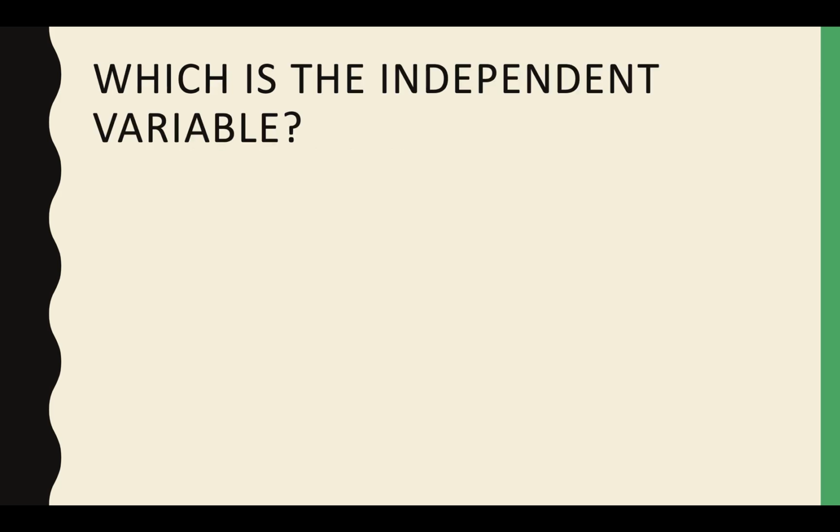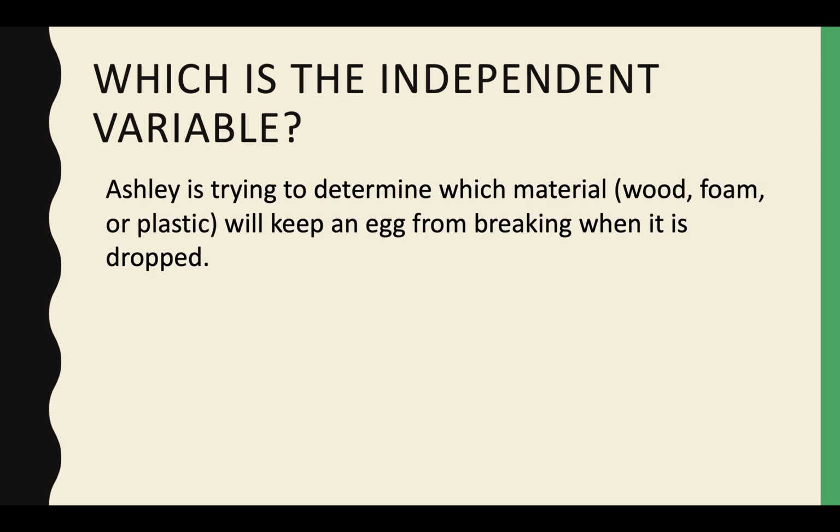Let's look at an example so we can identify an independent variable. Let's see what Ashley is doing. It says Ashley is trying to determine which material, wood, foam, or plastic, will keep an egg from breaking when it's dropped. 1.